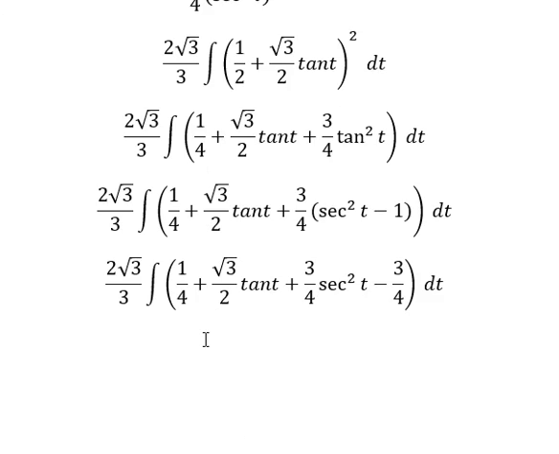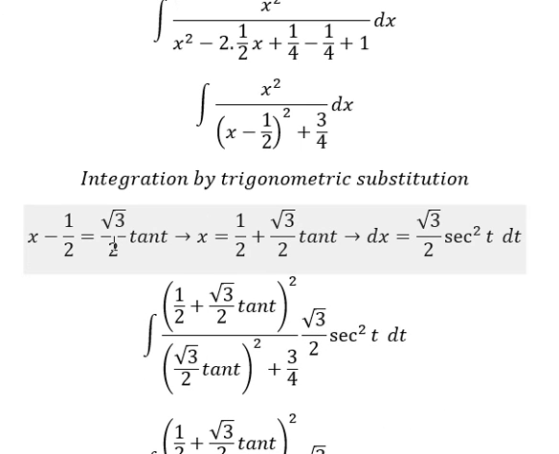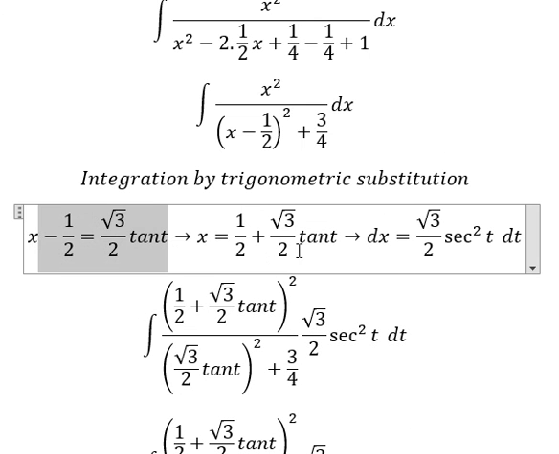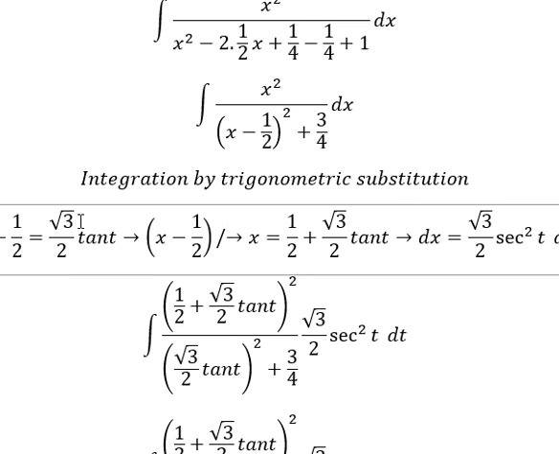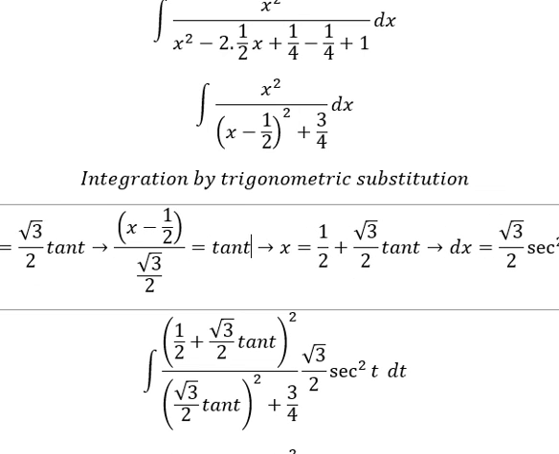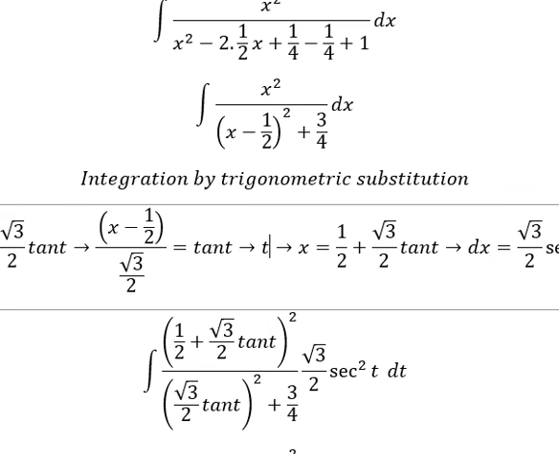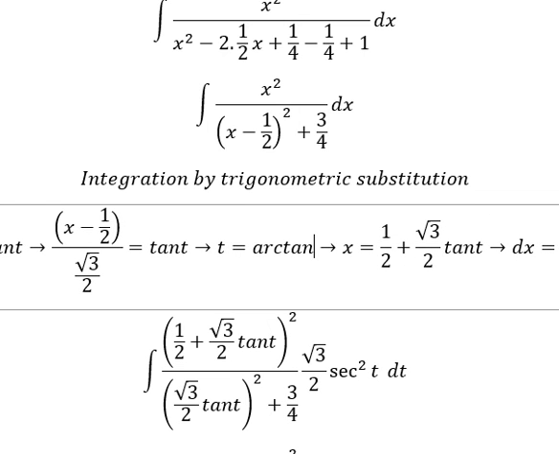About t, that is about this one. So we divide both sides by this one in here. So we have t equals to arctan of this one.